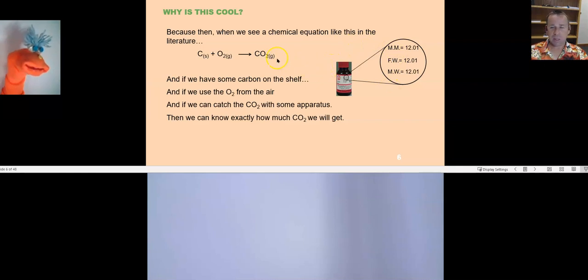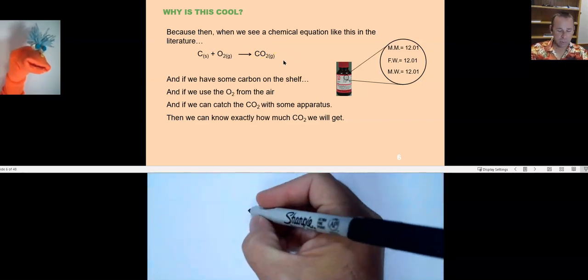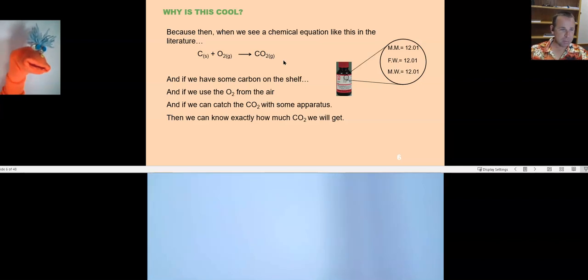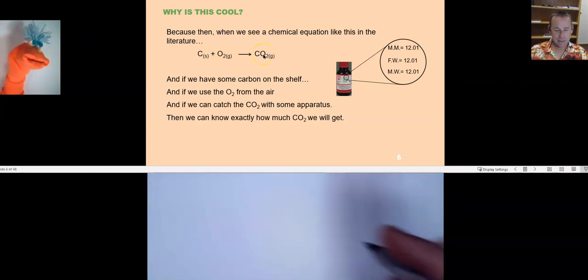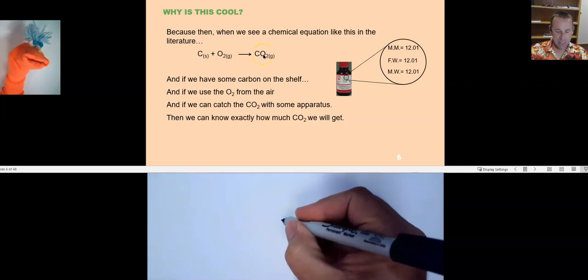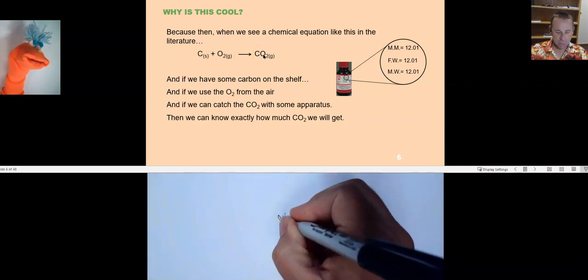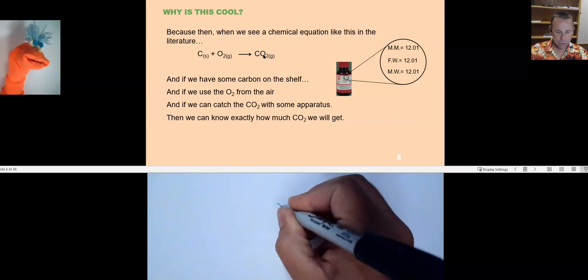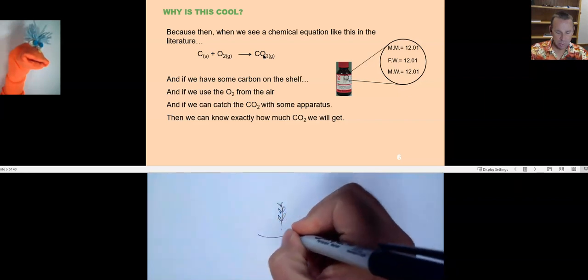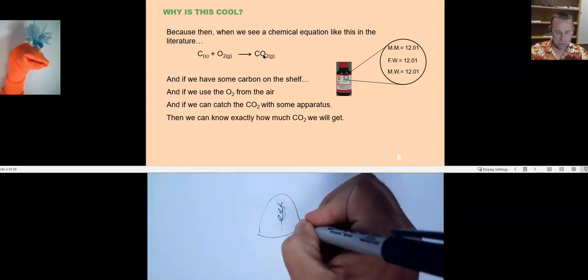And this becomes helpful because I can then know exactly how much of each of the different components I'm going to need if I want to perform chemistry and have enough of whatever. So for example, if I want to perform a chemical reaction where I determine how much carbon dioxide is taken up, maybe I have a plant and I think that this plant will be wonderful at curbing global warming, and so I'm going to see how much carbon dioxide it consumes.